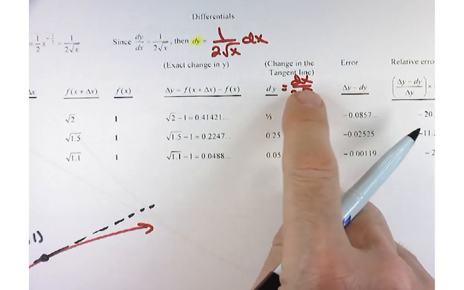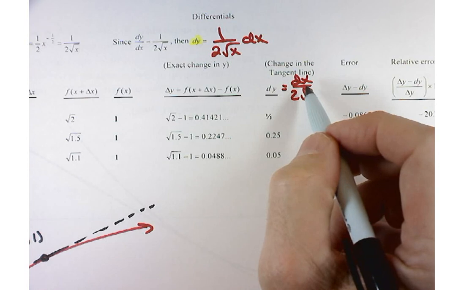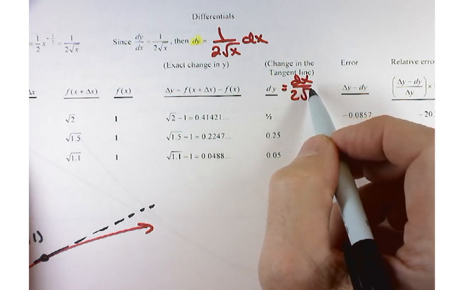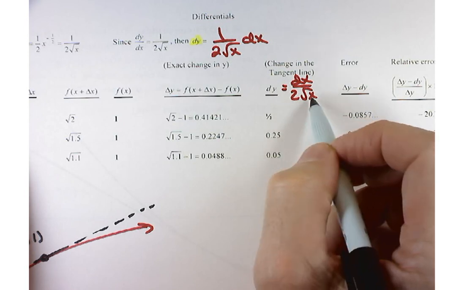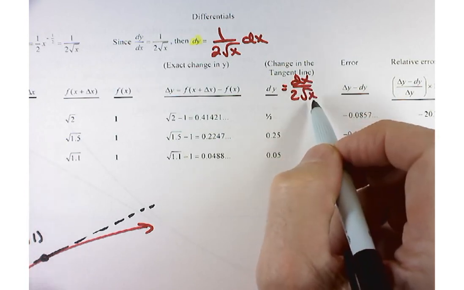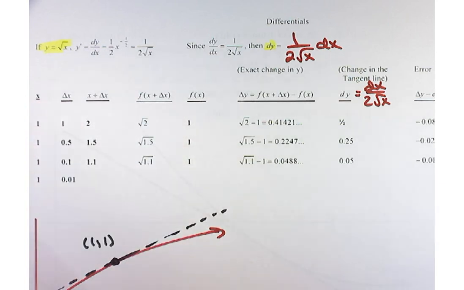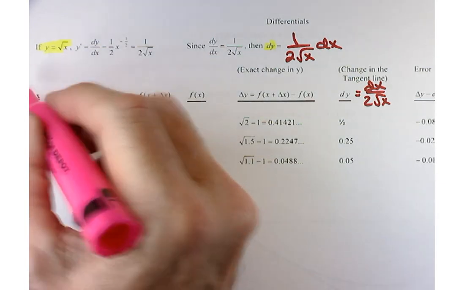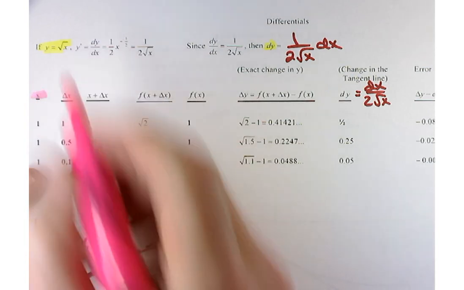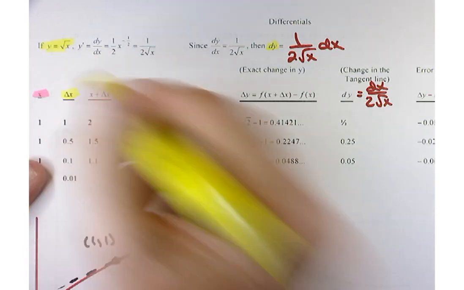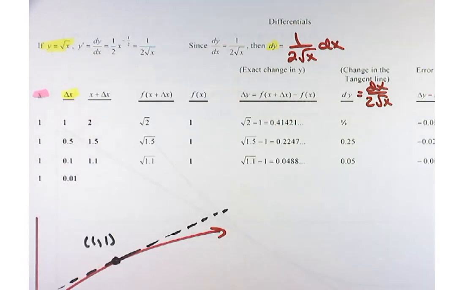To get dy, I need two things. I need to know what delta x is, or dx, and x. And I've got both of those. Those are right here. So let's fill in both of those pieces. X is my original point of tangency. And remind you, delta x and dx are the same thing.